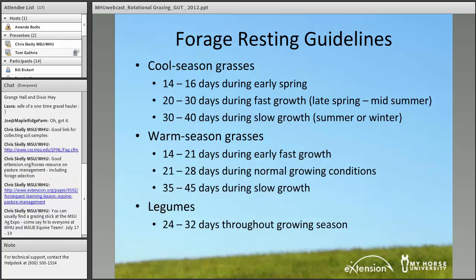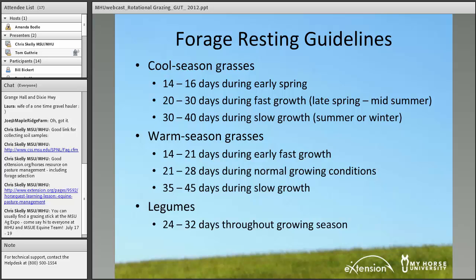As you can see from this slide, the United States Department of Agriculture Natural Resources Conservation Service from Missouri has proposed this set of forage resting guidelines as it relates to cool and warm season grasses as well as legumes.